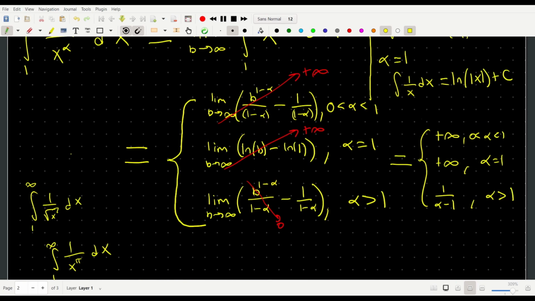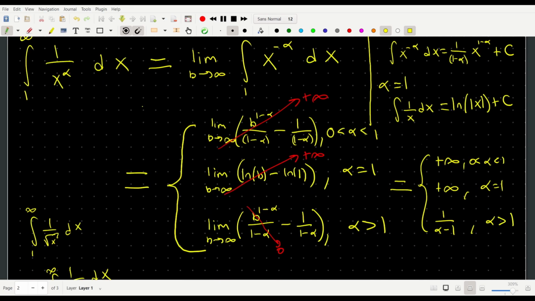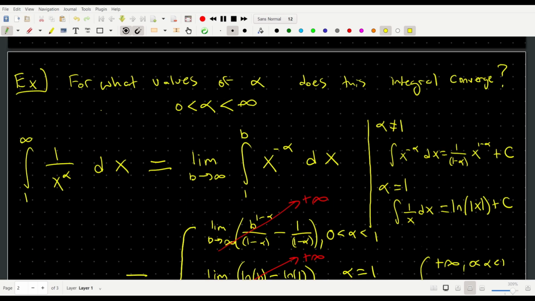So you can see how powerful something like this is. This gives us a general approach now to essentially compare more complicated functions to these simple functions, which is why it's so useful for us.